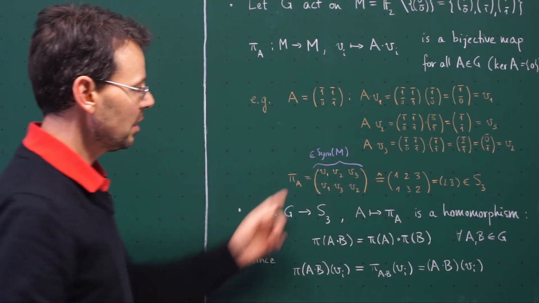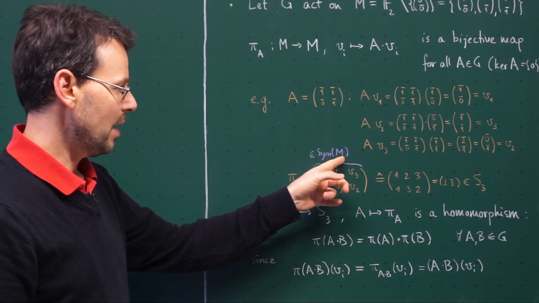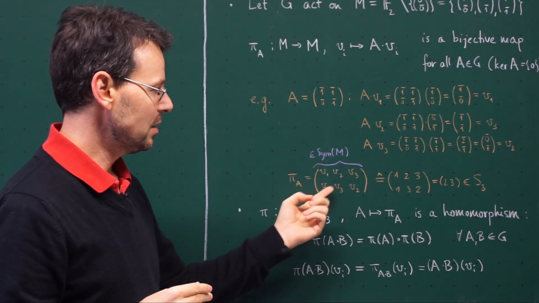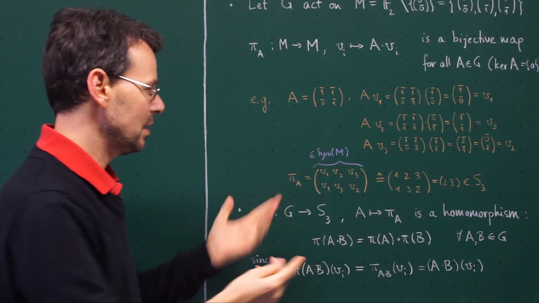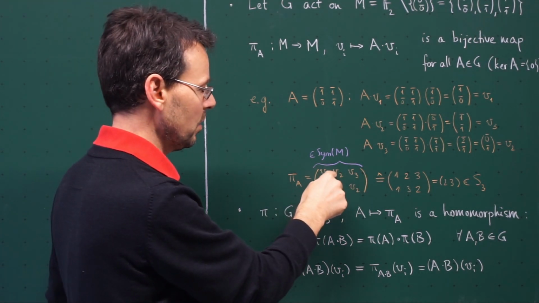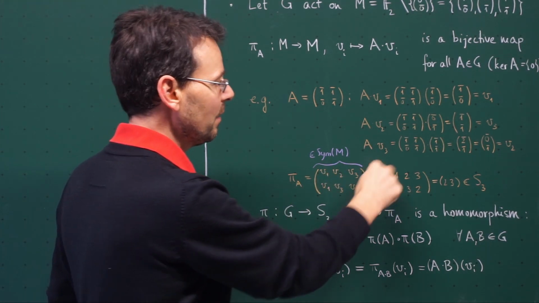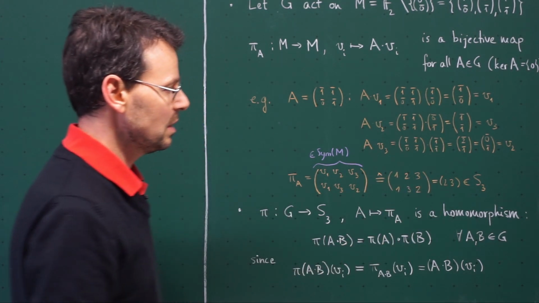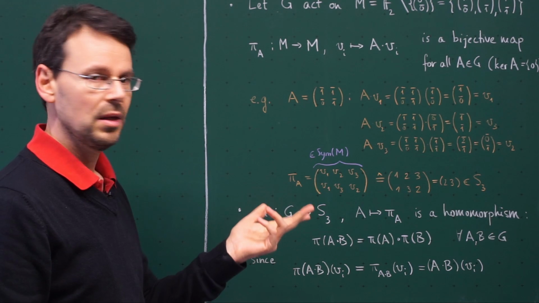Now this here is an element of the symmetric group on M, which we write Sym M, but of course we can identify this with this permutation. If we simply relabel the elements, this is 1, this is 2, this is 3, then we end up with this permutation, which in cycle notation is simply the transposition (2 3).